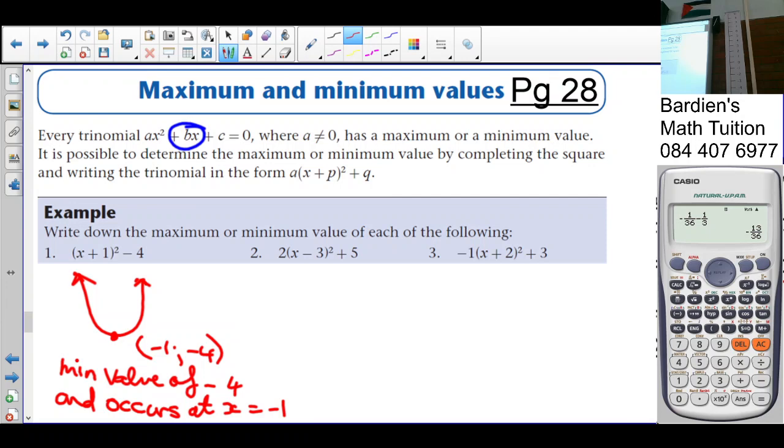They didn't ask you all of this here, but I'm giving it to you one time, and this is how I want you to answer. It has a minimum value of negative 4 and it occurs at x is equal to minus 1. Remember, if this had to be minus 1, then this would have been, what? Positive 1. Okay.